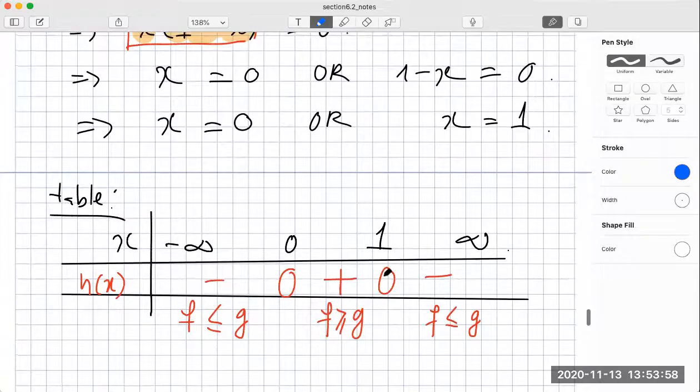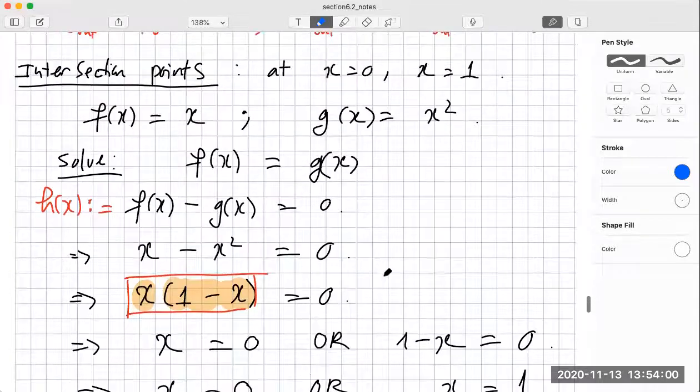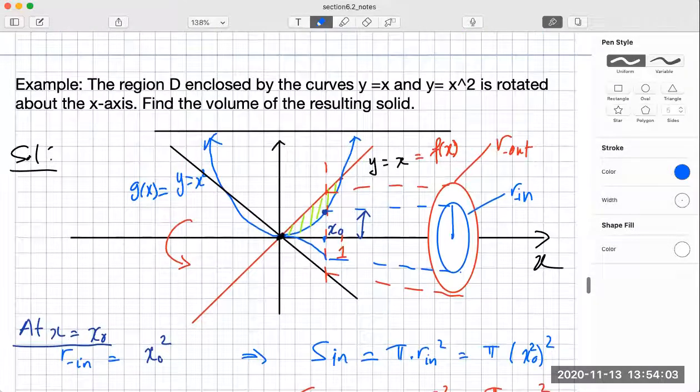Whichever way you prefer. But in the end, what we need to do is to take the integral from 0 to 1.